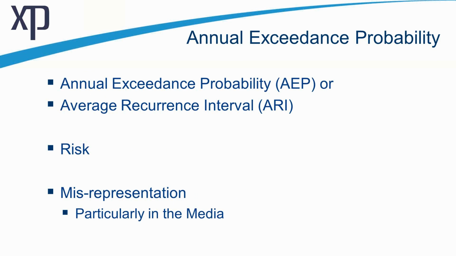Some areas are moving away from talking about the 1 in so many years relationship, towards annual exceedance probability, but again, that's not widespread, although it's certainly happening in Australia. Because the big thing is, if people say I've had this so-called 1 in 100 year storm, there's clearly a risk that is implied against that particular rainfall event.